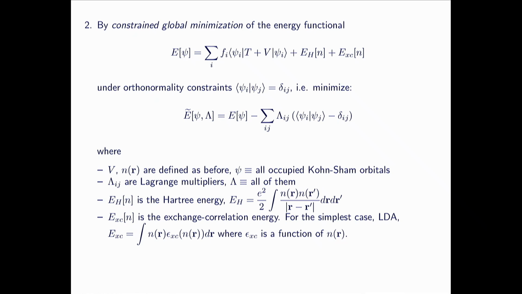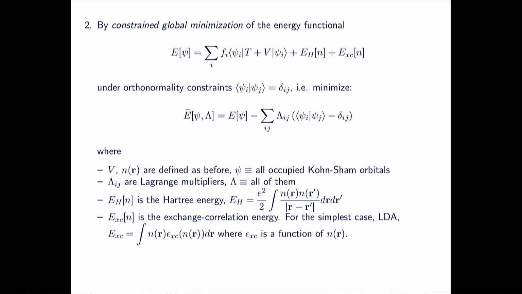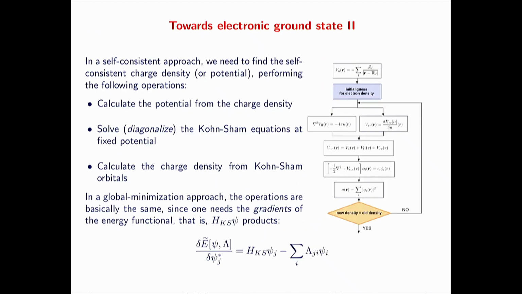So the direct minimization approach doesn't have Kohn-Sham equations, but it uses basically the same ingredients to minimize the energy directly. It's the same because this also comes out from the minimization of the energy. So here you are minimizing the energy by solving these equations, and here you are minimizing the energy directly. So it's quite the same.